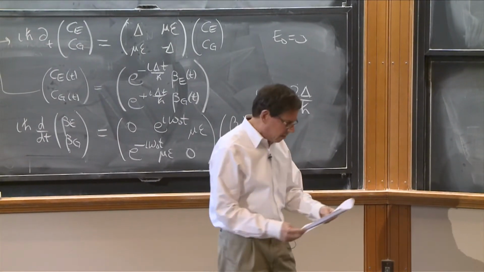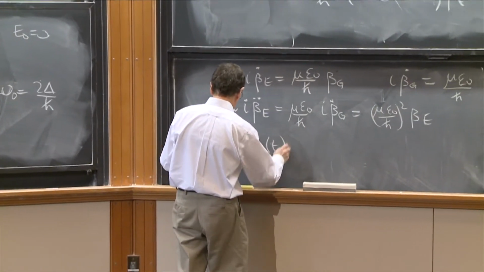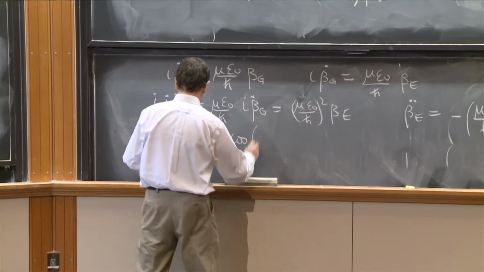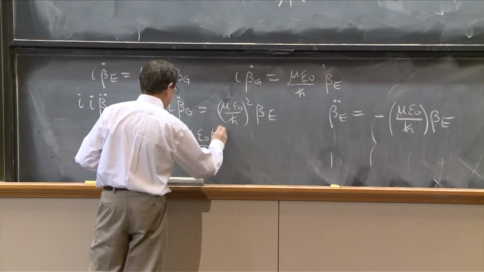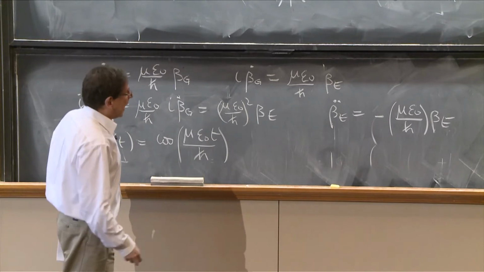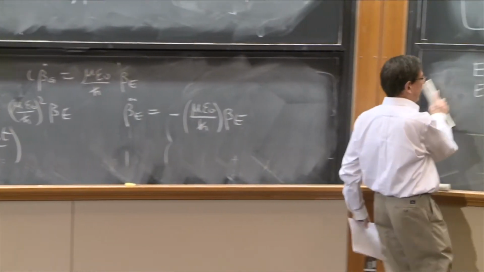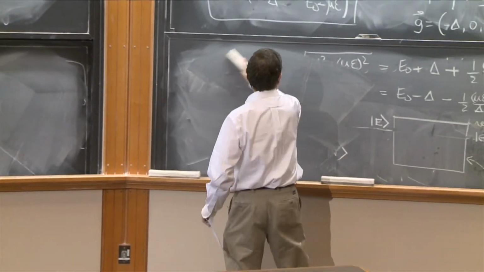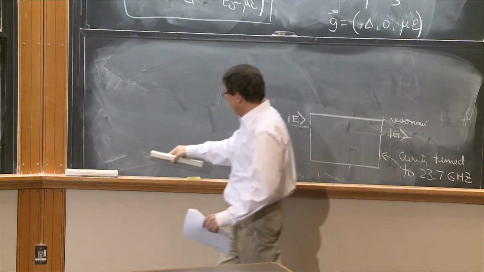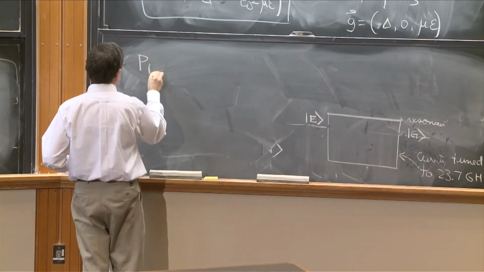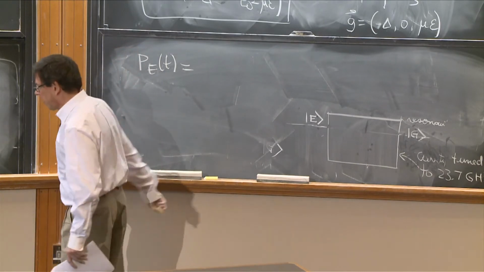So what is it? Beta E of t is cosine mu E naught t over h bar. And the probability to be in the E state is the square of that amplitude. So the probability to be in the E state at time t is the square of that.